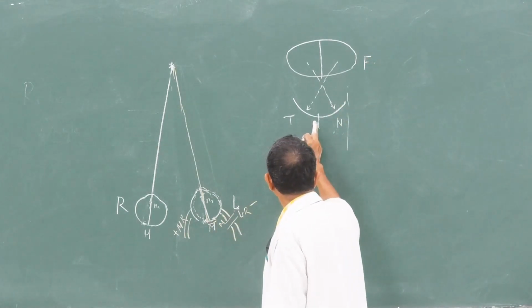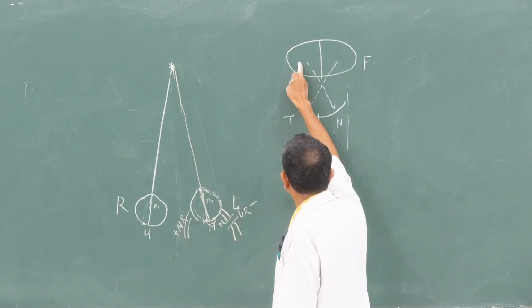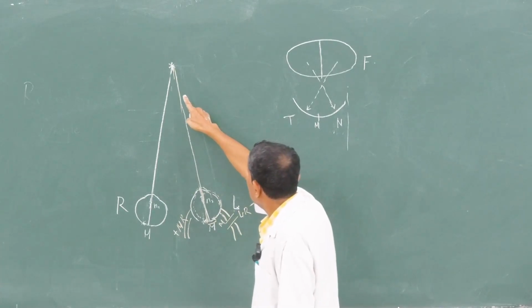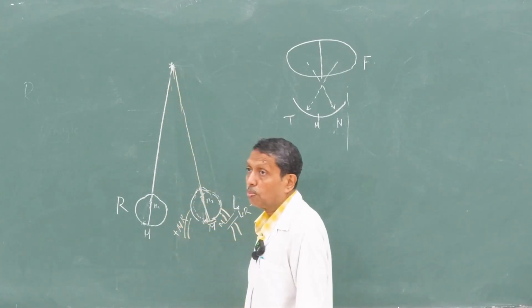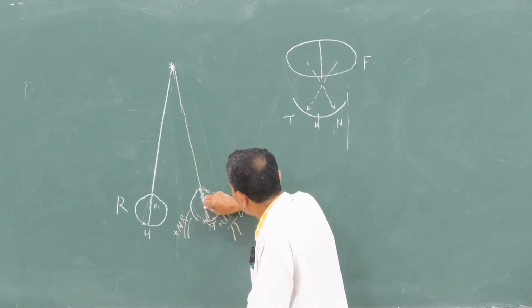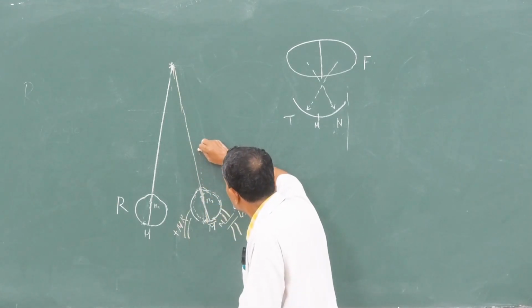So when it is deflected to the nasal side, it represents the temporal field, and the macula is in the middle. The true image is formed there, and the false image will be produced towards the lateral side.